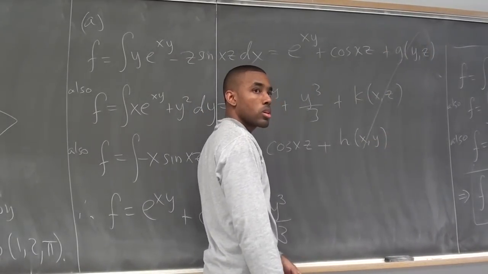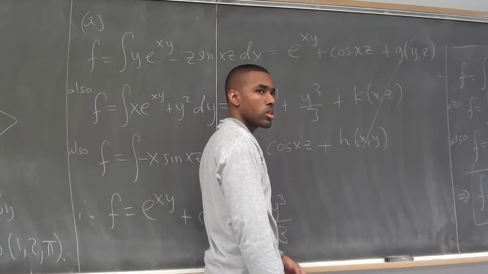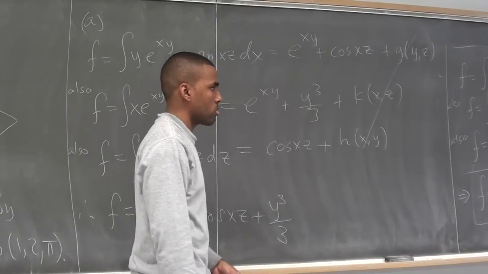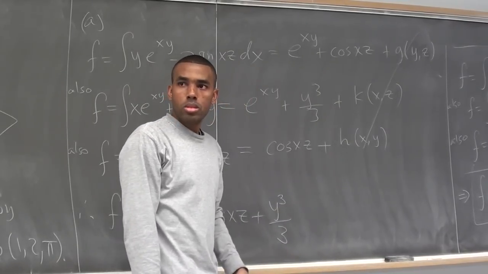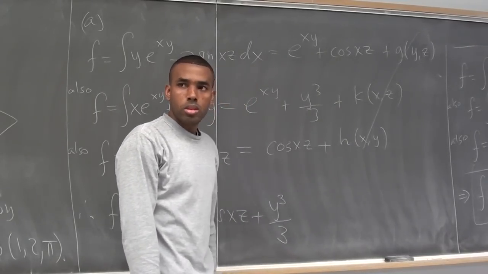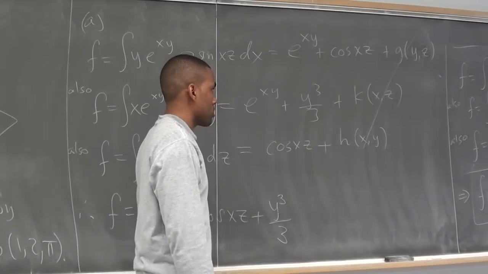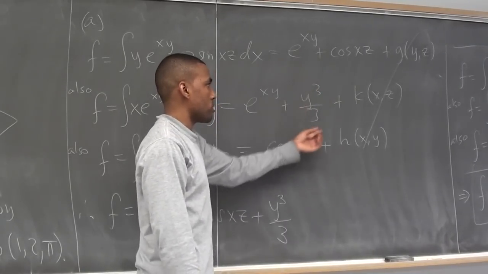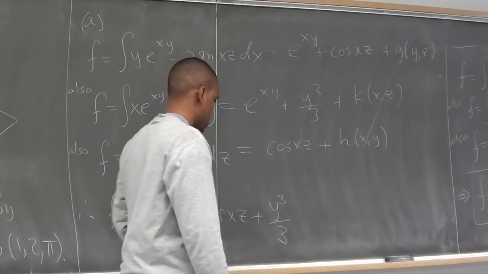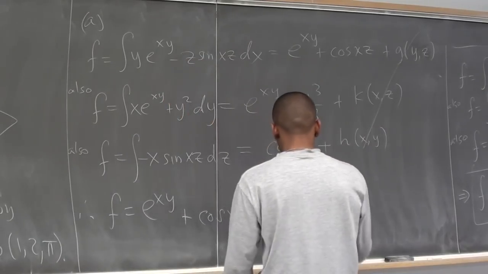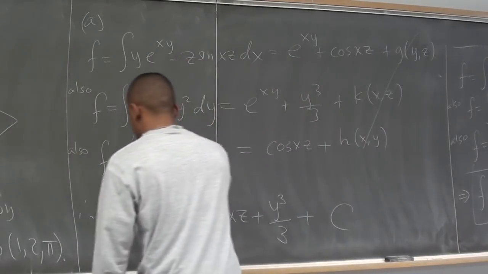In the earlier example it was y squared over 2 but you didn't write over 2 in the answer, probably because the 2 was already being divided. This is not a constant, this is a function. And plus, now you put in the arbitrary constant.